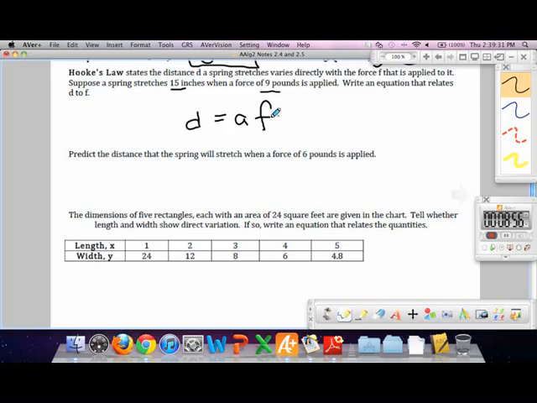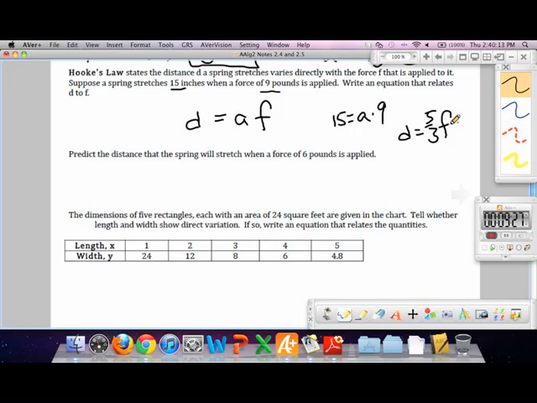You end up with d equals 15 over 9, which is 5/3 of the force. 15 over 9 reduces to 5 over 3. And then using this, and you know that you applied a force of 6 pounds, then you can do 5/3 times 6 to give you the distance it stretches.